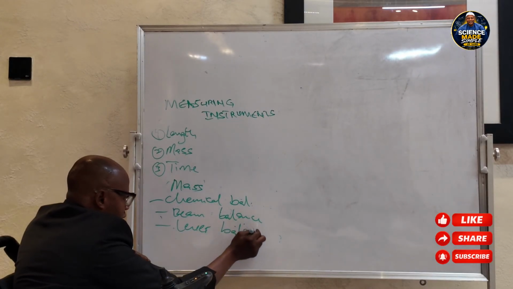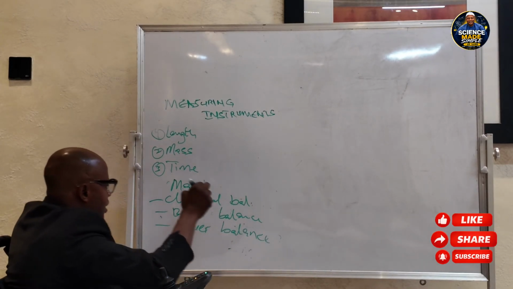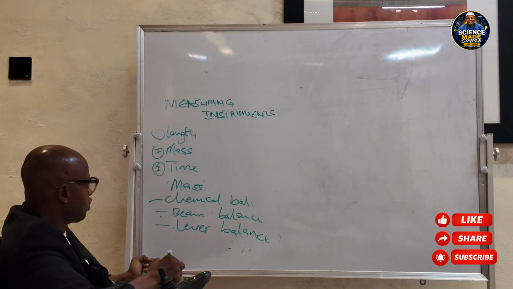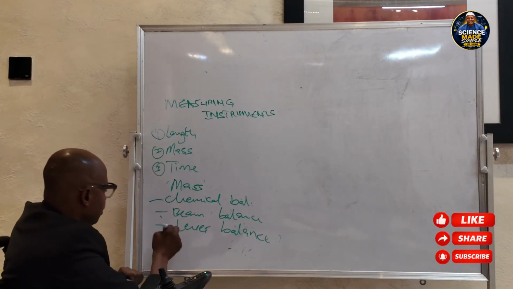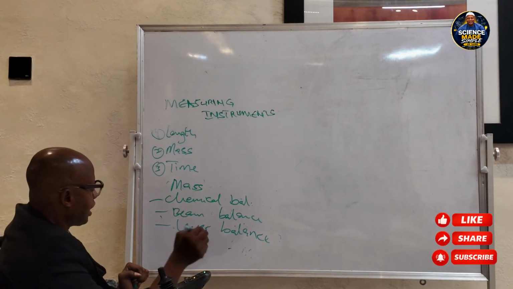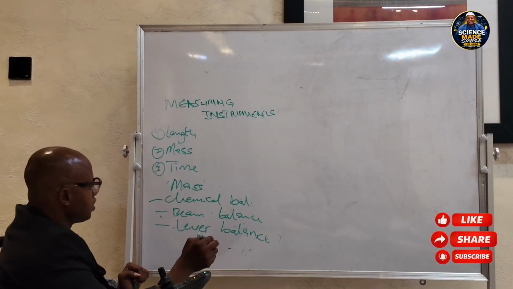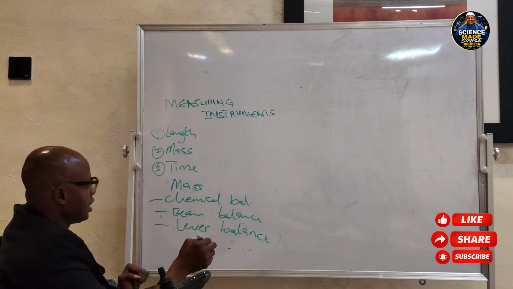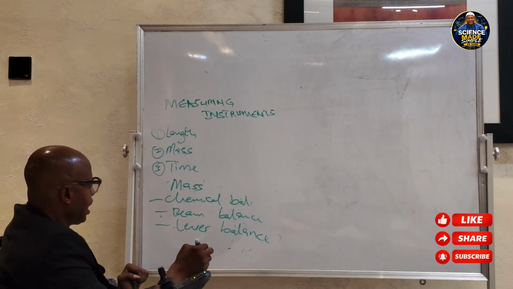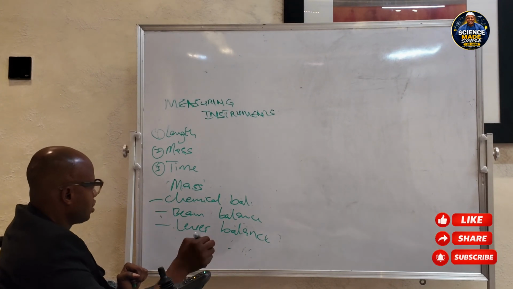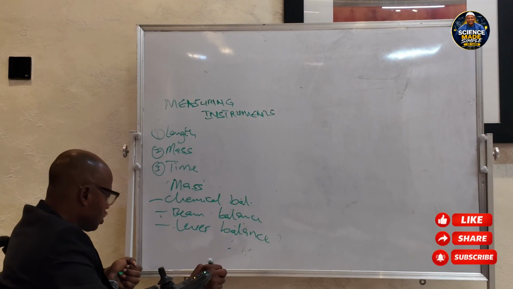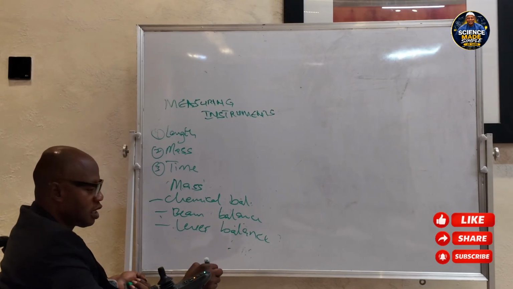We have different types of the chemical balance and the beam balance. And don't forget, I told you that mass is measured in gram, milligram, kilogram. Out of all these units, we have the kilogram as the standard unit. That means whatever you measure in any unit must be converted to the kilogram.